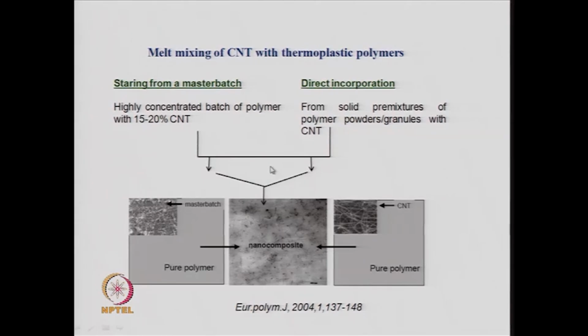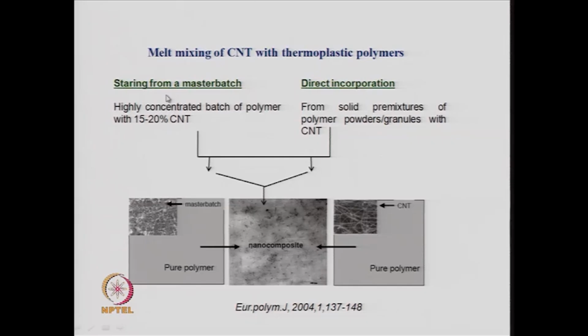And then you melt it. When you melt it, you get this nanocomposite depending on the master batch. Here is the master batch that you have, and if you start from a pure polymer, you have this kind of features of the pure polymer, and these are the carbon nanotubes.